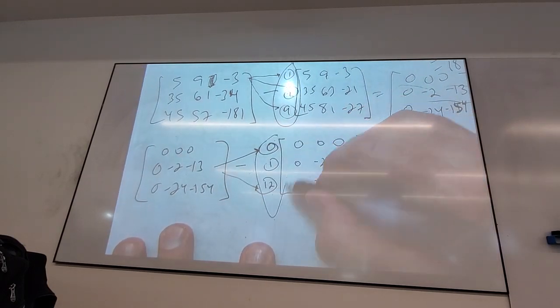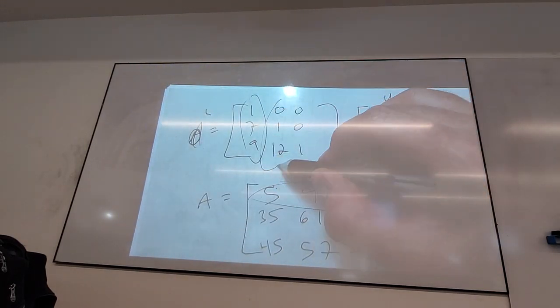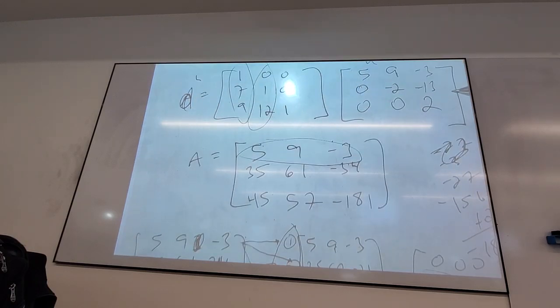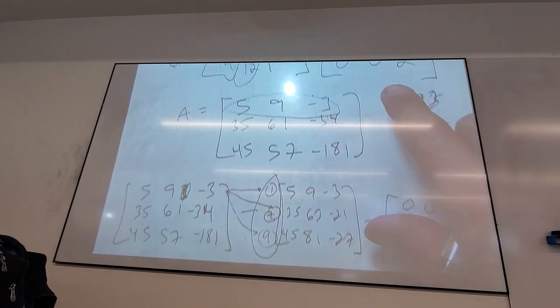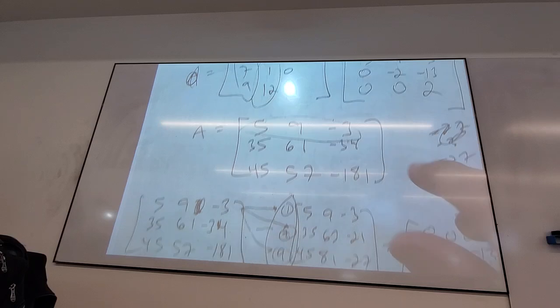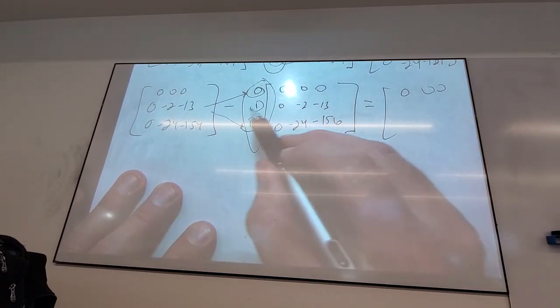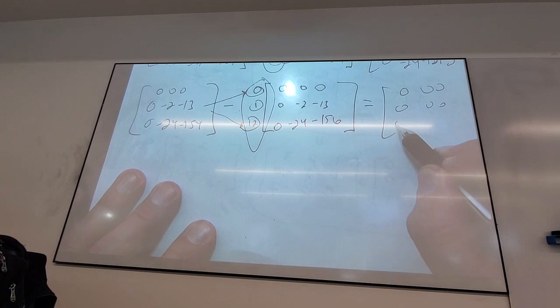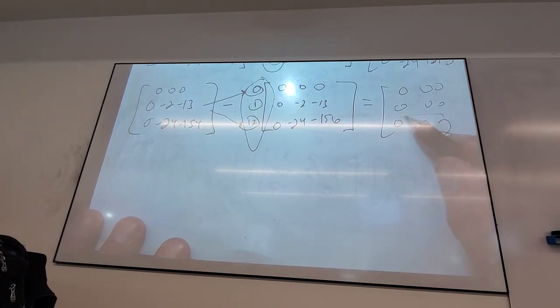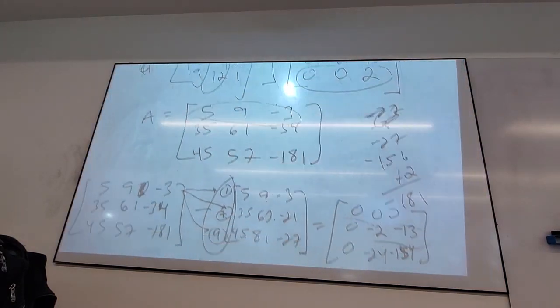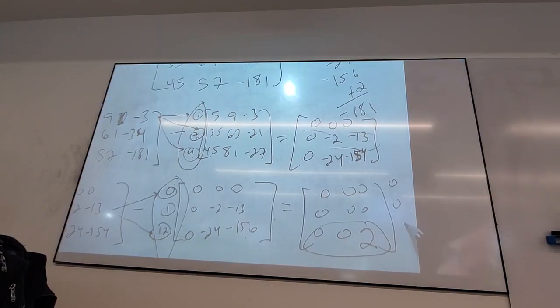So 0, 1, 12. And of course I already pointed out 0, negative 2, negative 13. And what do I get? I get 0, 0, 0, and then 2. So that would be my last row. And my last column is always 0, 0, 1 because I want none of these, one of those.